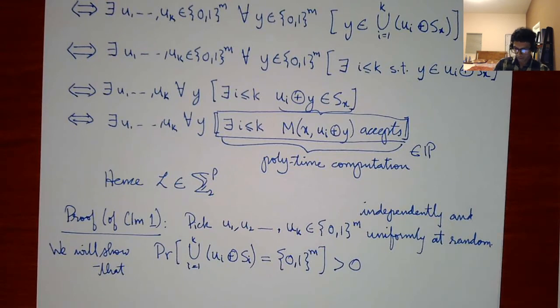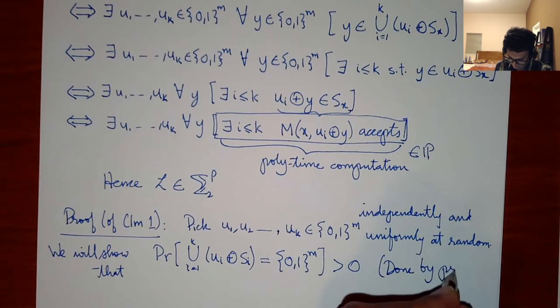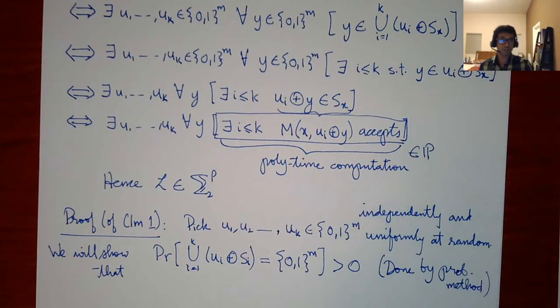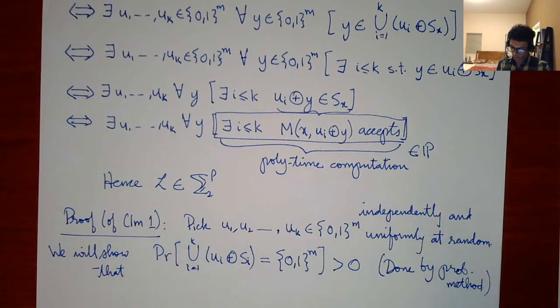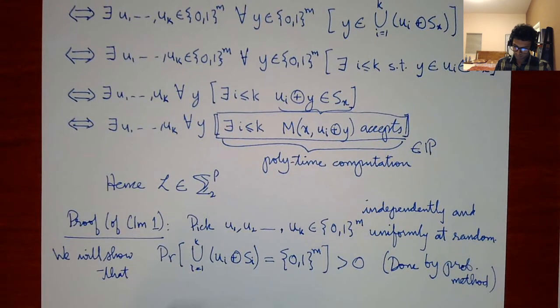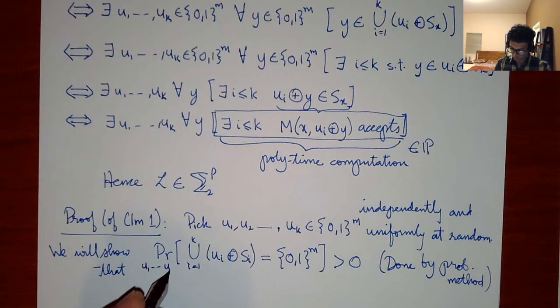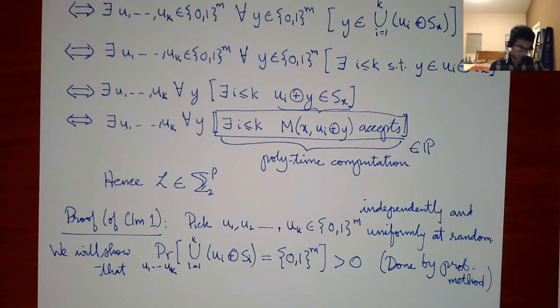This is what we will show, and then we'll be done by the probabilistic method, because that means there must exist u1 to uk such that this happens, and this probability is over u1 to uk.